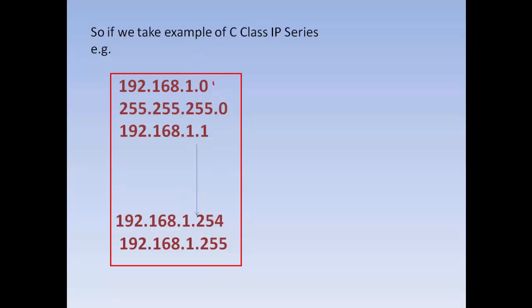When all the host bits are 0, that is known as the network ID, and when all the host bits are 1, that is known as the broadcast IP, and these will be the valid IPs that I can configure on different devices.